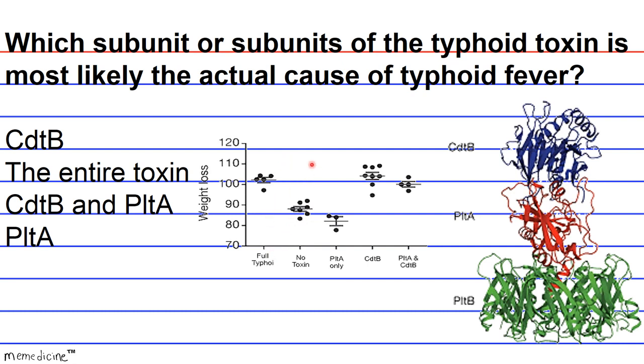And here we have the full toxin. CdtB is therefore most likely the candidate for the toxin responsible for the symptoms involved in typhoid fever. Okay, so the correct answer is answer choice A.